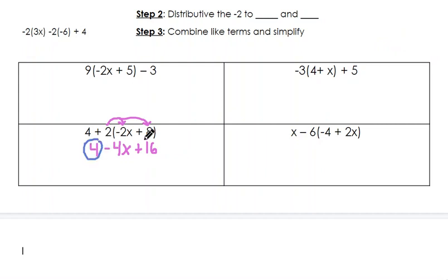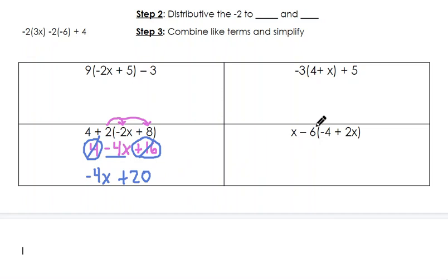I can combine this 4, and I can combine this 16. 4 plus 16 gives me a +20. So I combine those two to get 20. And what's left? I'm left with this -4x. And I can't combine that with anything because that has an x and everything else doesn't. So that's just going to stay -4x plus 20.